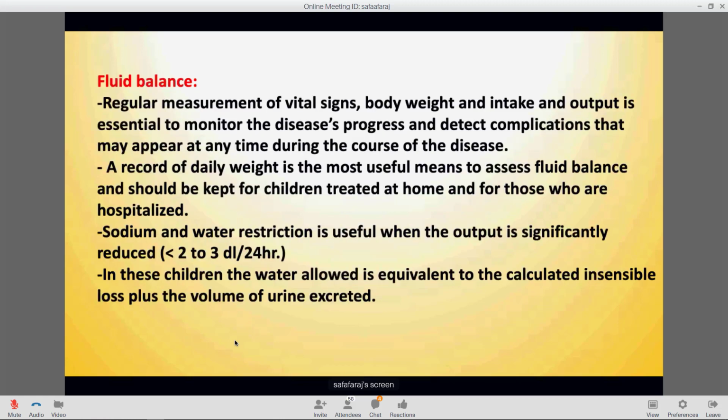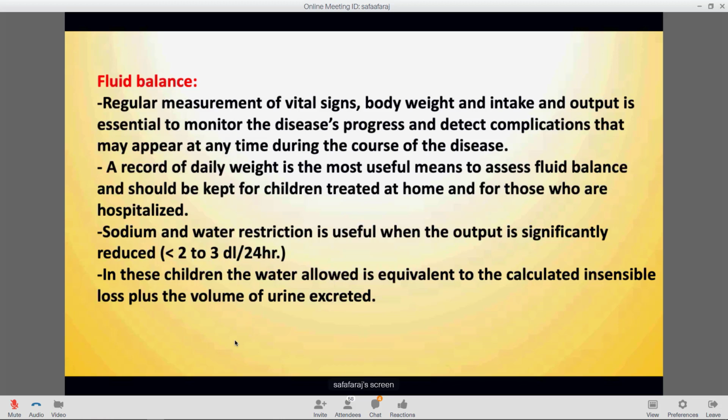Regarding fluid balance, regular measurement of vital signs, body weight, water intake, and output is essential to monitor disease progress and detect complications that may appear at any time during the course of the disease. The most important complication is acute renal damage.